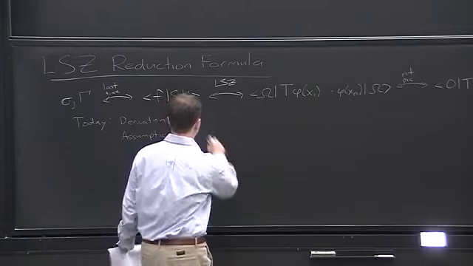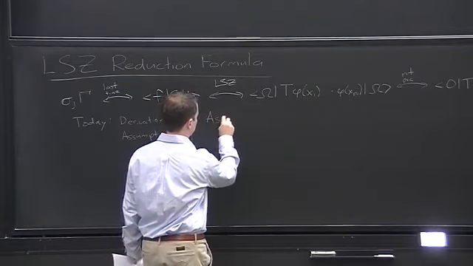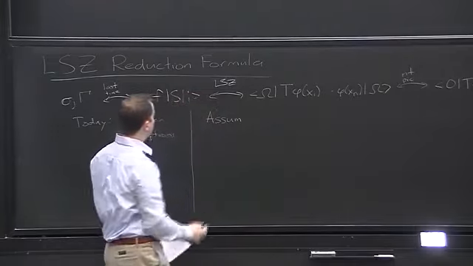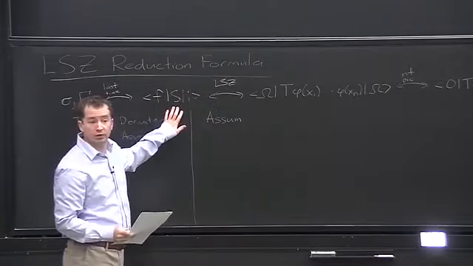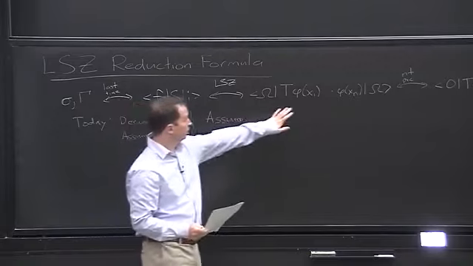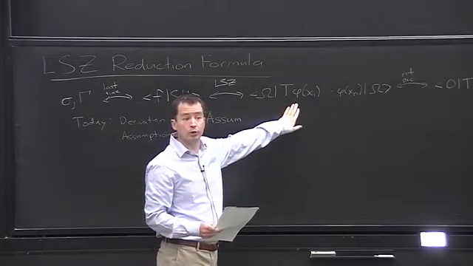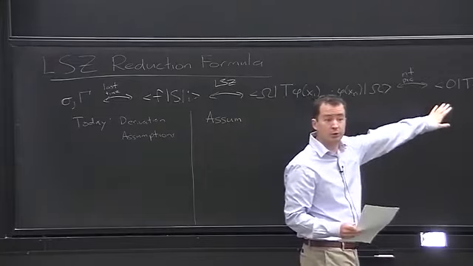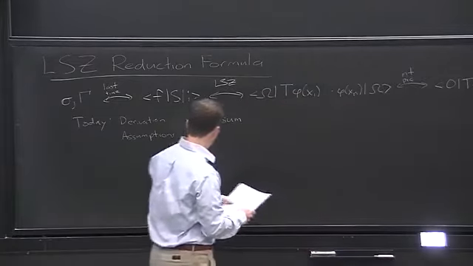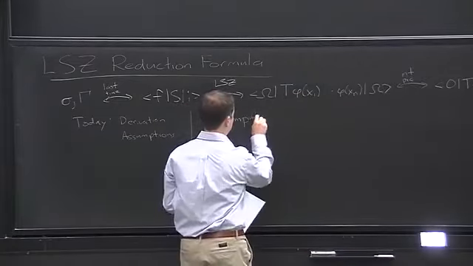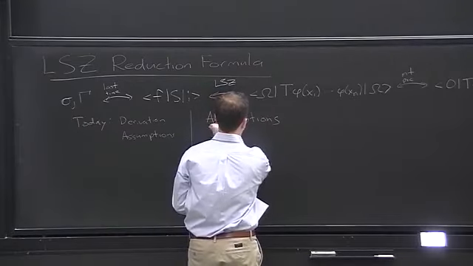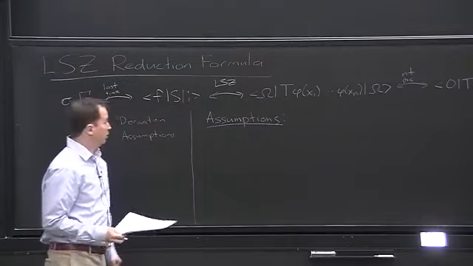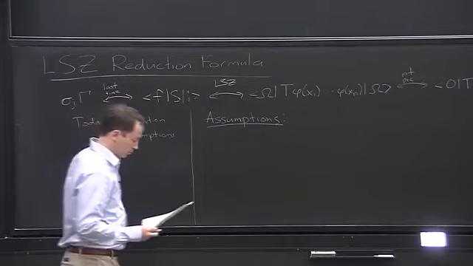And so what assumptions are we going to need to make in order to relate this matrix element that we're interested in computing to these time-ordered expectation values that we have a chance of being able to compute in practice? So make a few assumptions.